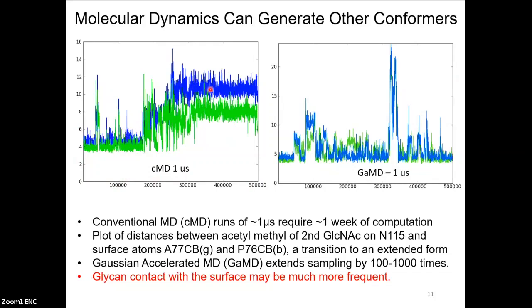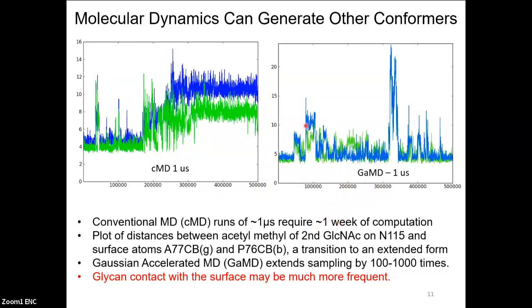So it's one of these spread out structures. Is it real? Well, the answer is no, it's not. The problem is, even a microsecond MD is far too short a molecular dynamics trajectory to explore those conformations. So you go over to something like accelerated MD. This is Gaussian accelerated MD from the McCammon and Miao laboratories.